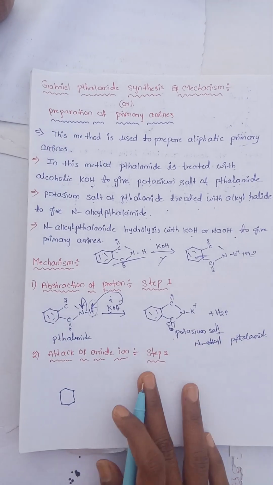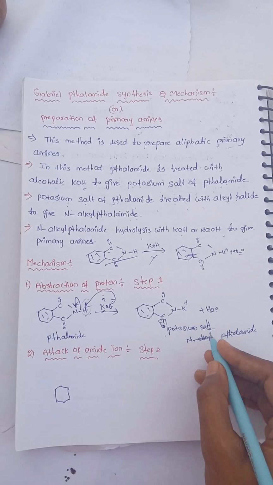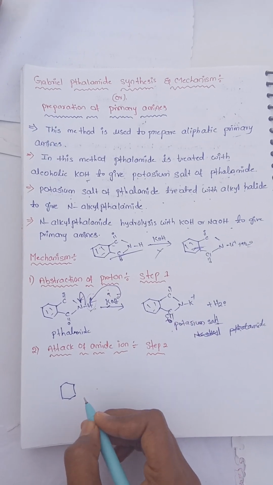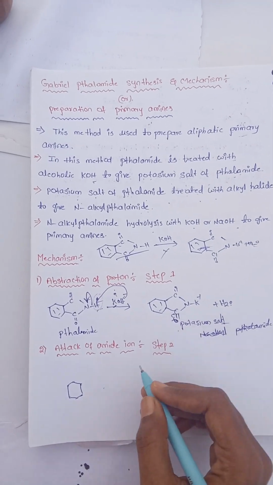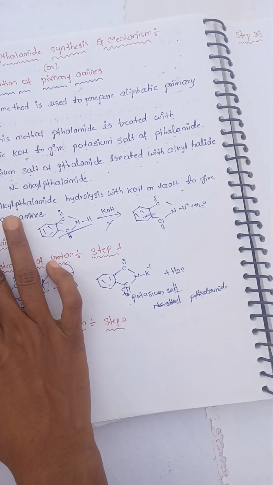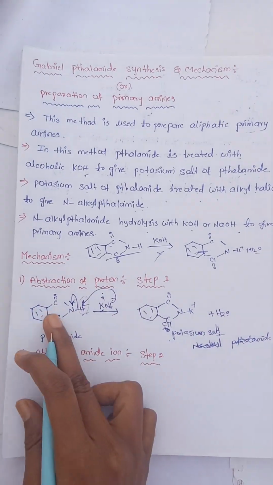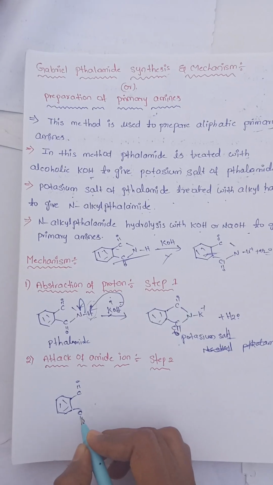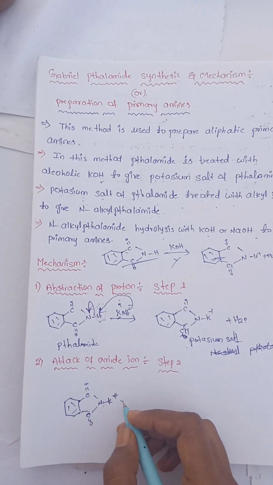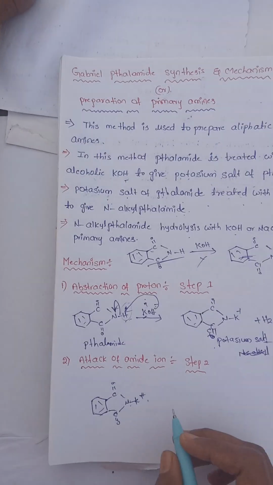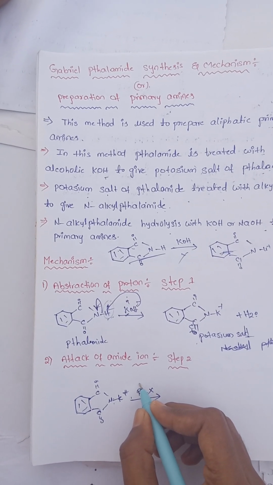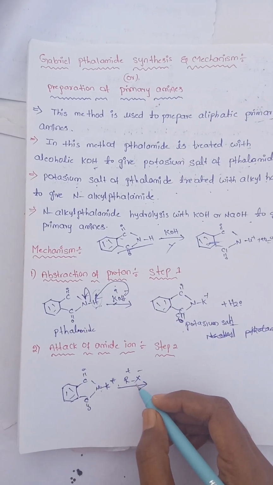You have to write the potassium salt; the structure is like this. In the second step it reacts with alkyl halide, RX, where R is plus and X is minus, R is alkyl and X is halide.